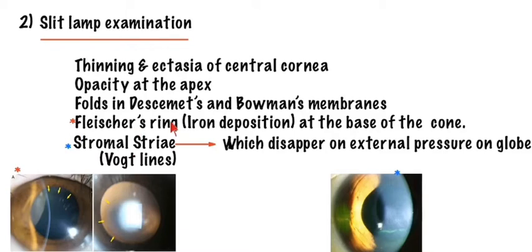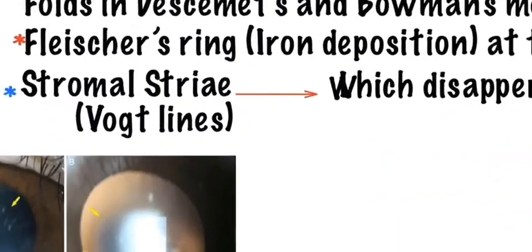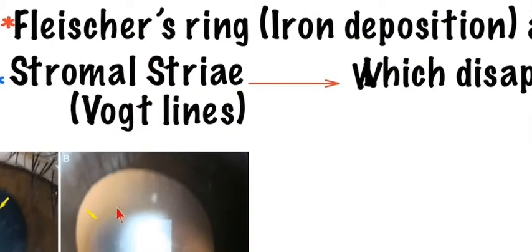Both are entirely different. In this figure you can see a circle marked by the yellow arrow. I'll zoom it. So yeah, this circle you can see here is nothing but the Fleischer's ring.